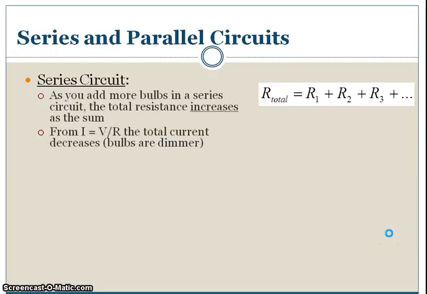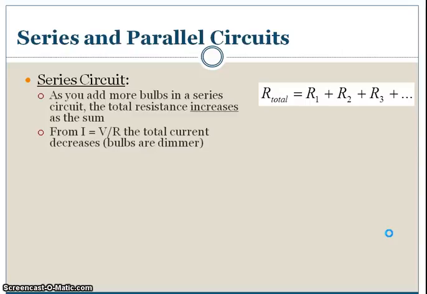So I wanted to tell you a little bit more detail about series and parallel circuits, and you do have an equation sheet in your workbook where you can look at some of this information. We'll be using this to solve some problems in class, but I wanted to give you a sense of it before we do that. So in a series circuit, when you add more and more bulbs, you're going to increase the total resistance.